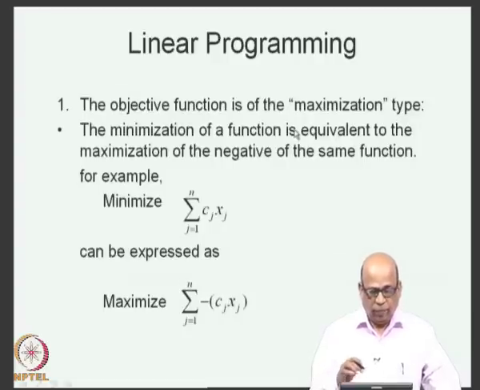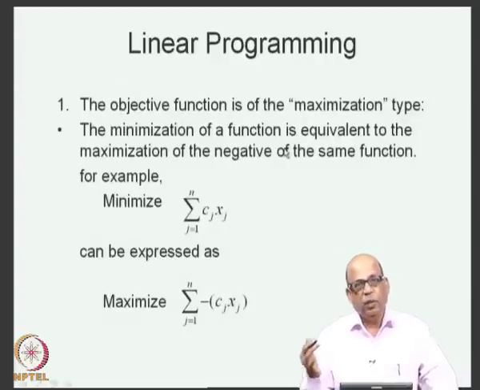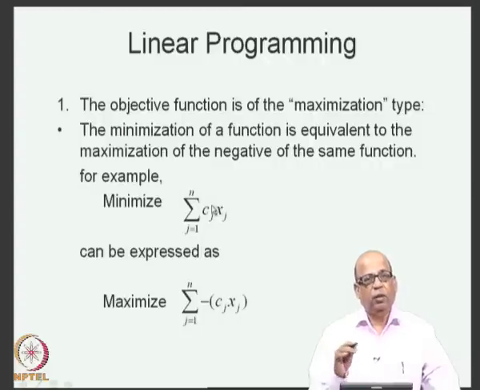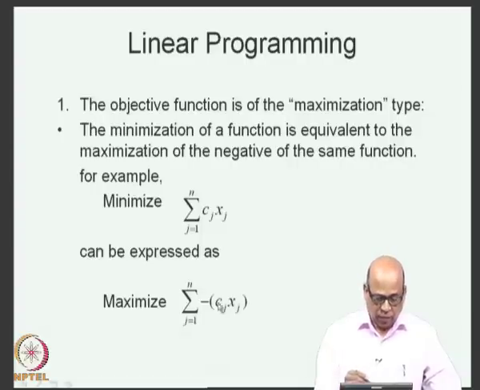If you have the objective function as minimization, let us say that your objective function is minimize summation j is equal to 1 to n c_j x_j. These may be cost coefficients and there are n number of variables. I am only writing the objective function here. The objective function is of the minimization type. This can be written as maximize summation j is equal to 1 to n of minus c_j x_j.